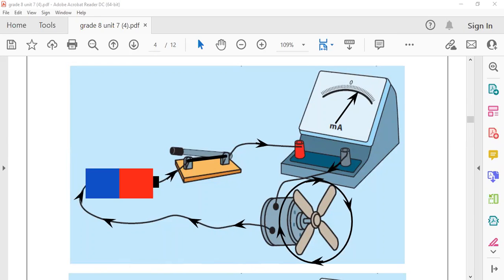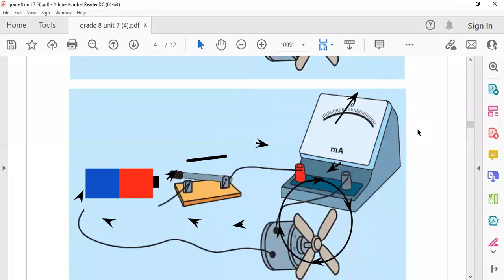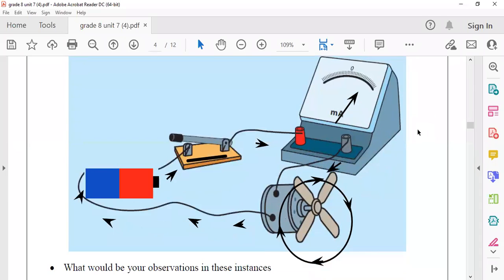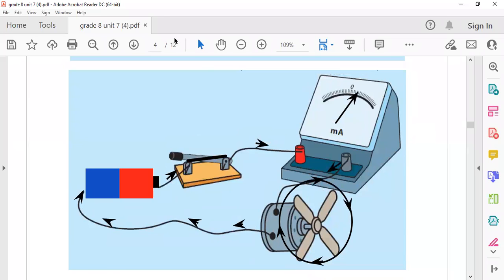Done, sir. Have everyone completed this diagram, my children? Yes, sir. Okay. Now, with all these, I am coming here. What I'm going to do is remove these arrows.